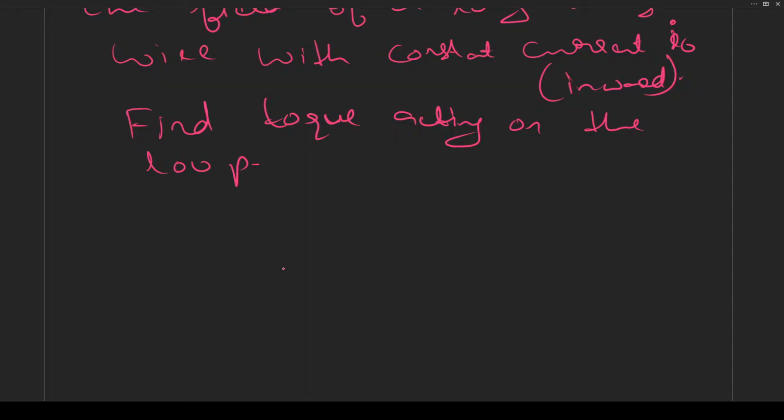The figure is something like this. This is the current I naught inward. There's a weird loop. The loop is something like this.